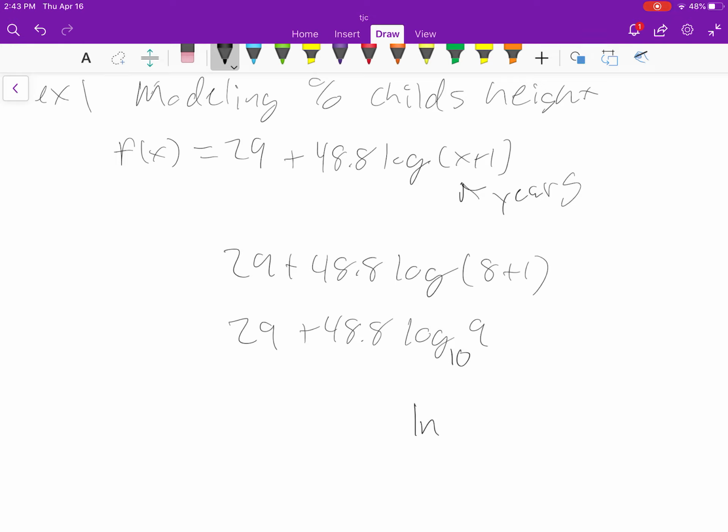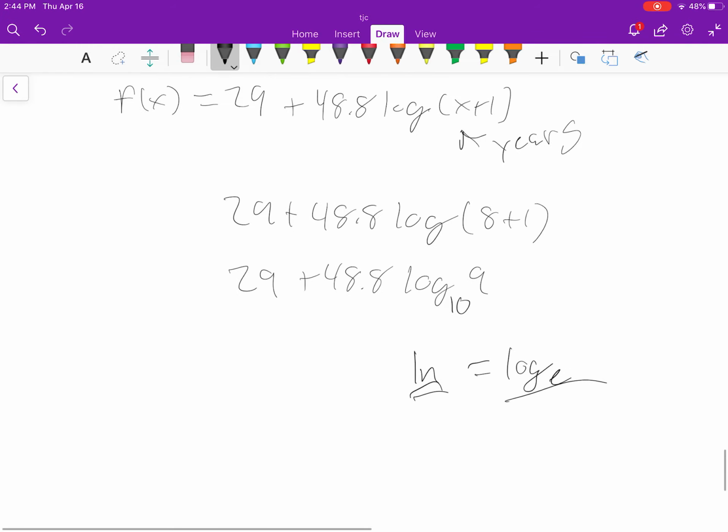If you've seen ln, that's log base e. It's just that we use log base e so much that we made it its own thing, just to avoid writing log. This is so much shorter. That's just a note here.